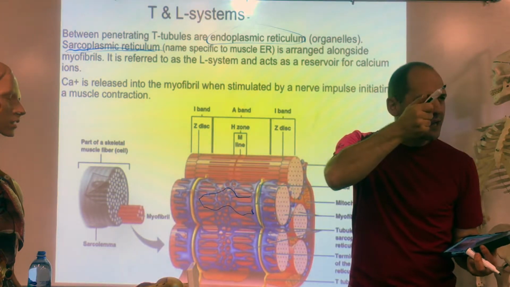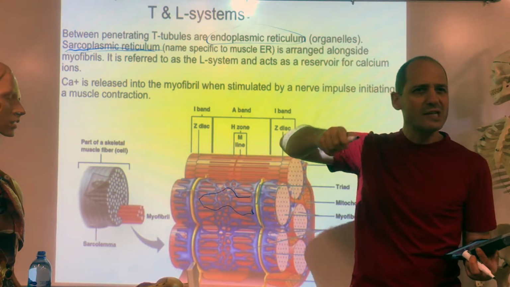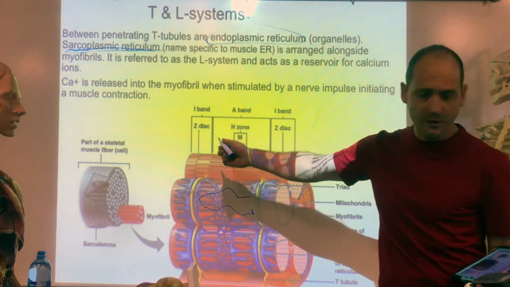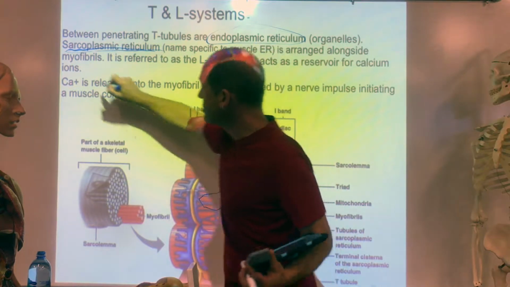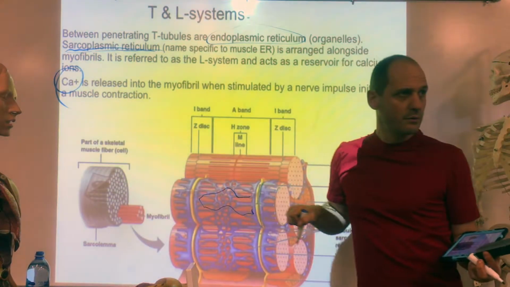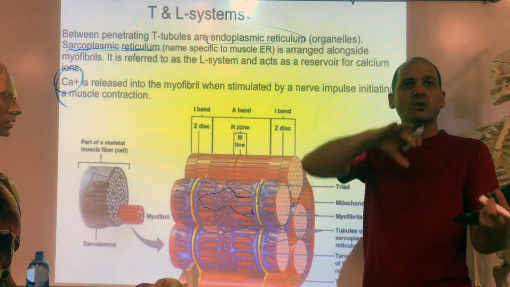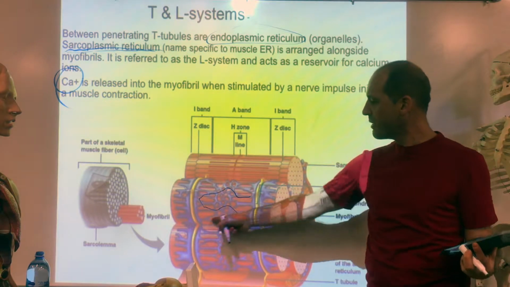Remember the endoplasmic reticulum? It makes protein and fatty stuff. Well, here it is totally different. Here it's just a bag that holds a lot of calcium ions. The ER is a structure that's baggy, that has cell membrane around it, so they just make baggy things out of it and put tons of calcium in it.